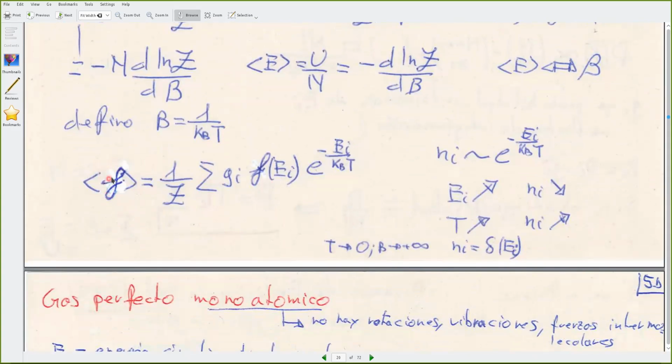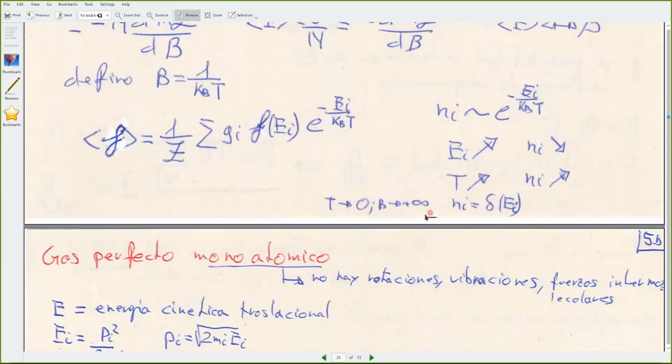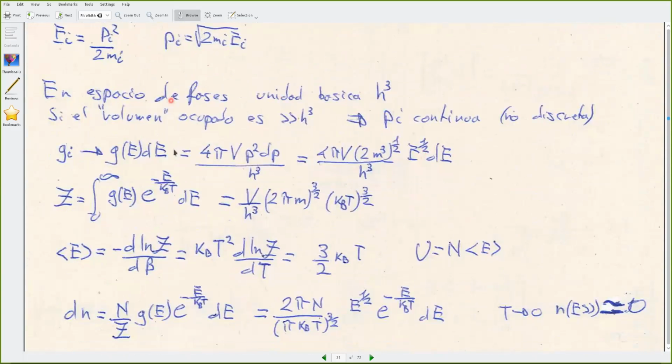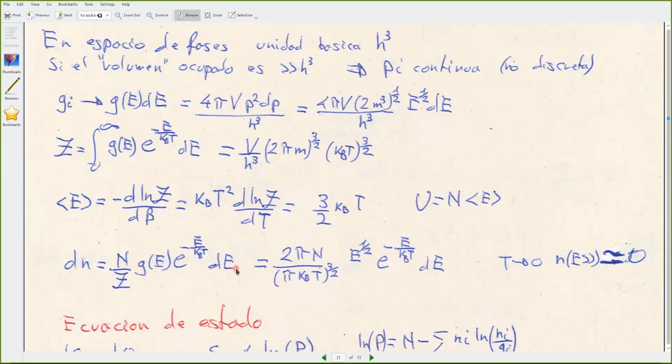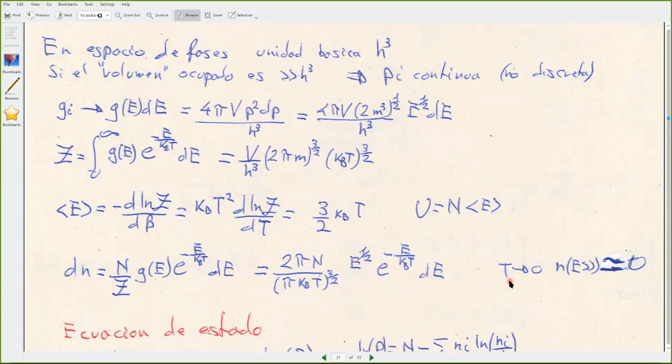If you want to calculate a mean value for some property, you just sum over the property inside the distribution, weighted for each state. Then there is all the calculation where we arrive at several values.